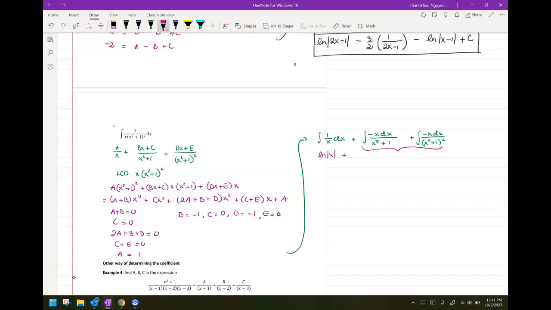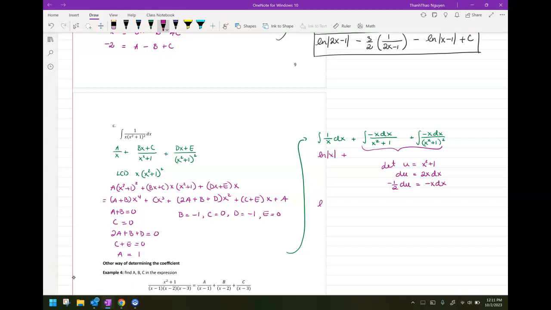The second two integrals, I will solve using substitution. Let u equal x squared plus 1, then du equal 2x dx, then negative 1/2 du equals negative x dx.